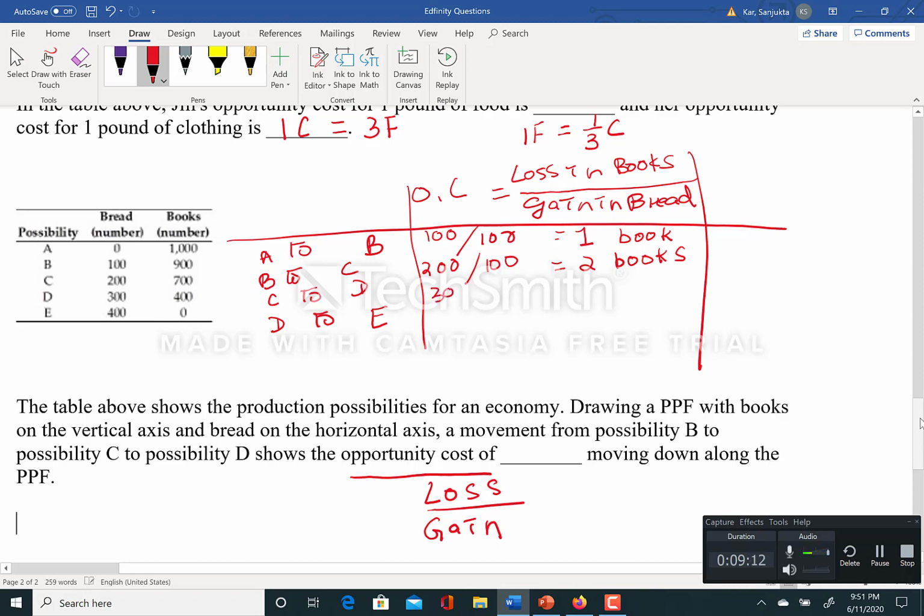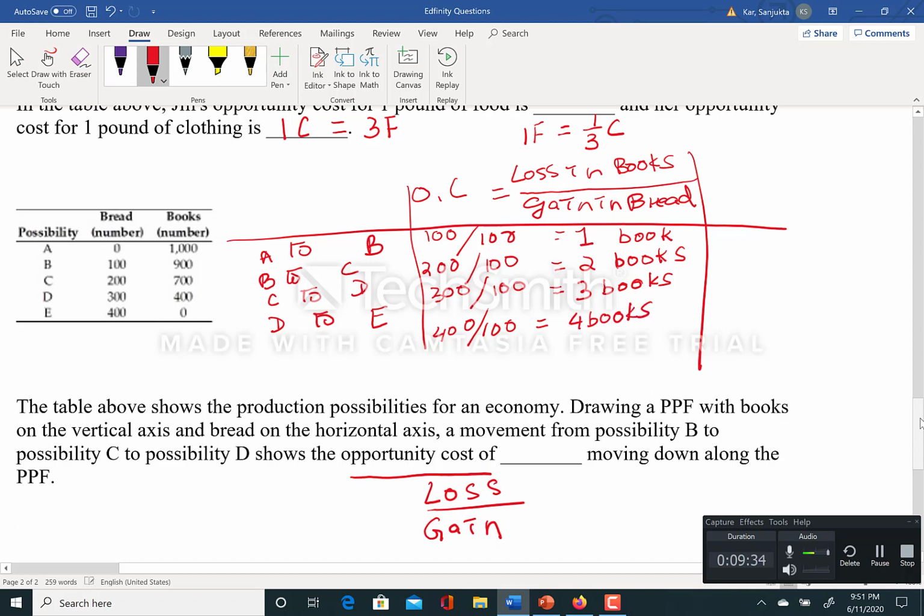I take the difference between these two. So again, the loss is 300, the gain is 100. This will be 3 books. Next one is 400 over 100. This is equal to 4 books.